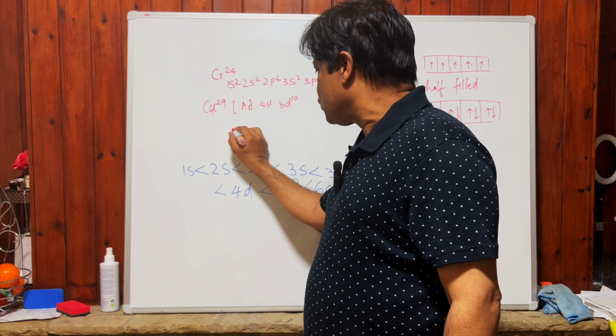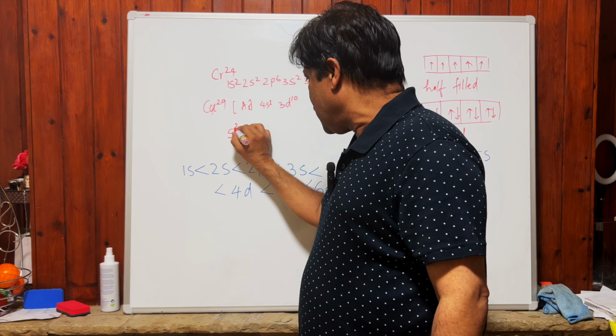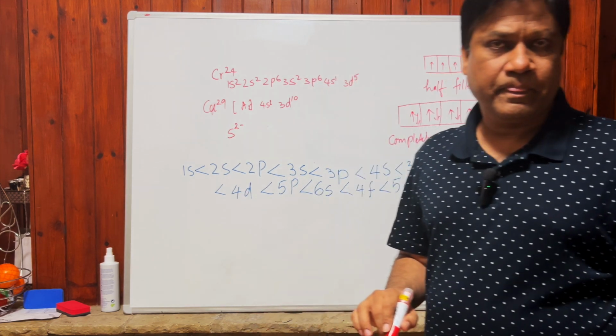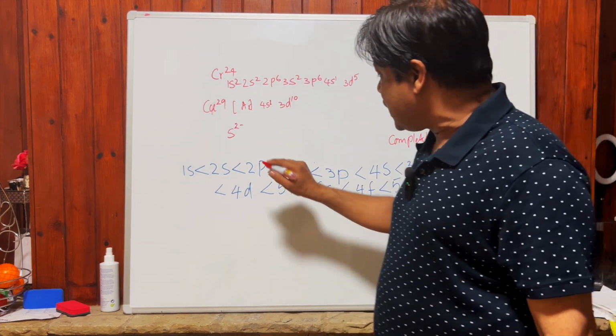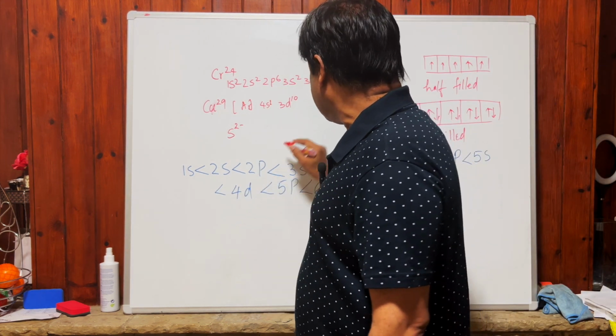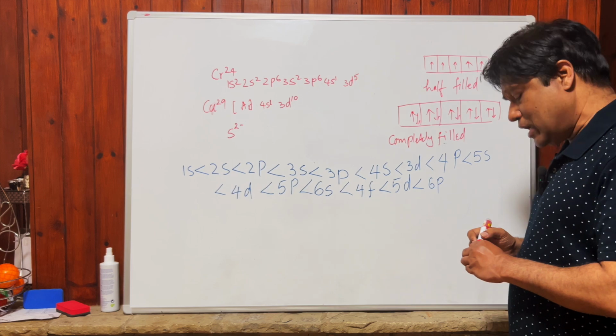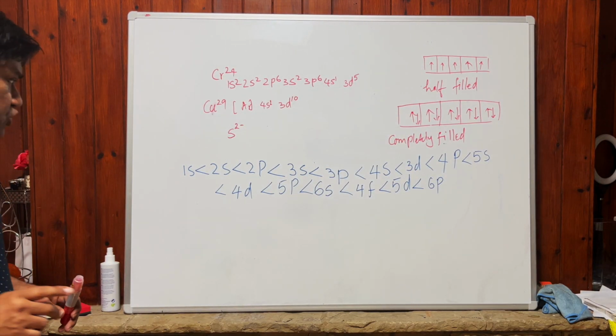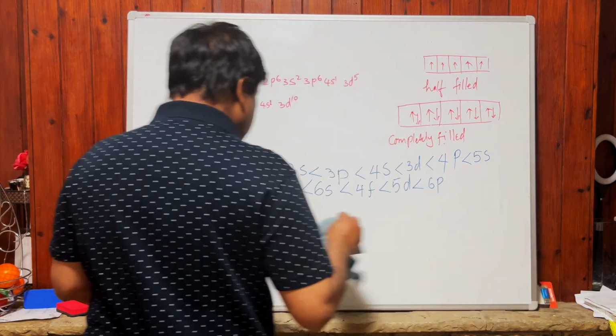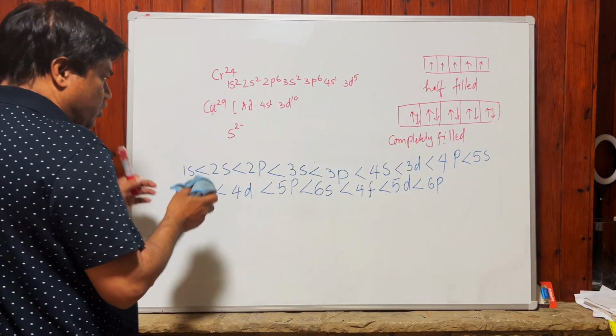Now can we write the electronic configuration of S2 minus? Sulfur is 16. Sulfur has 16 electrons, so do it like the normal electronic configuration.